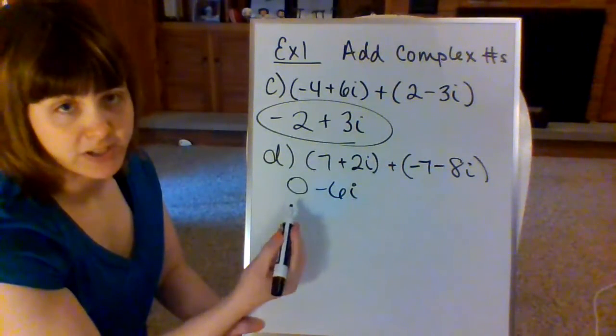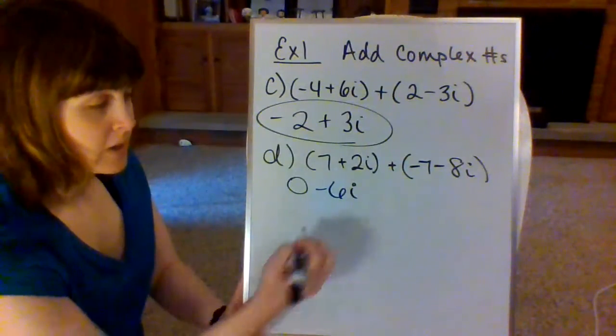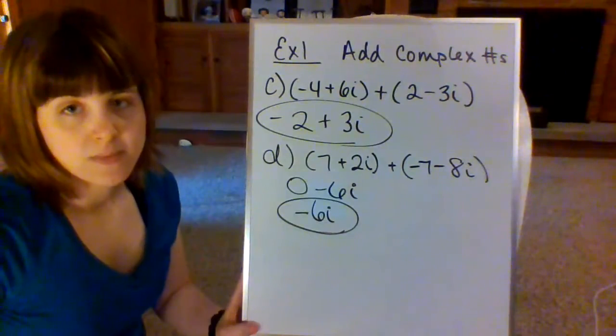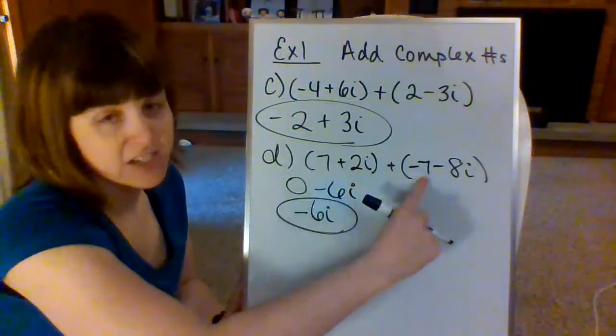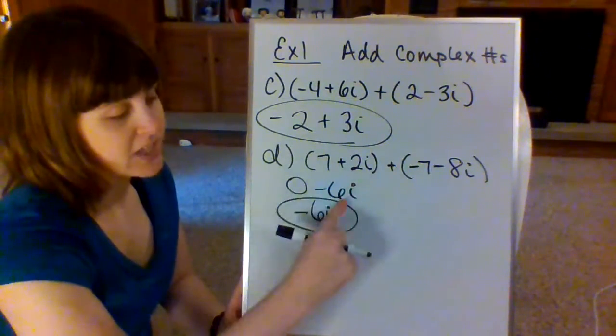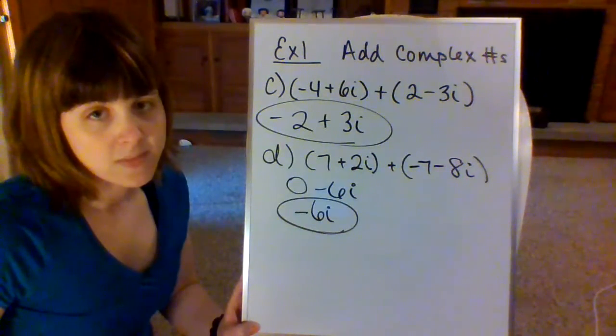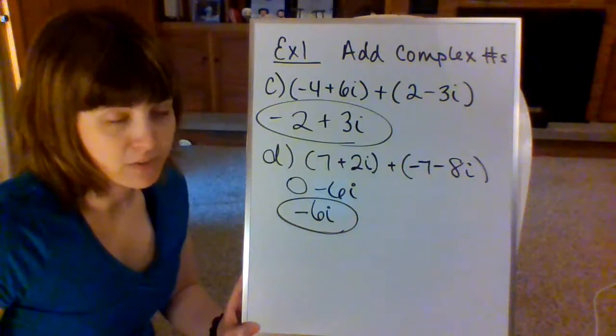So you can either write your answer like that, or to be more precise, we're going to write negative 6i. Do you see how the real parts canceled out there? And so we just had an imaginary part for our answer. Hopefully that makes sense so far.